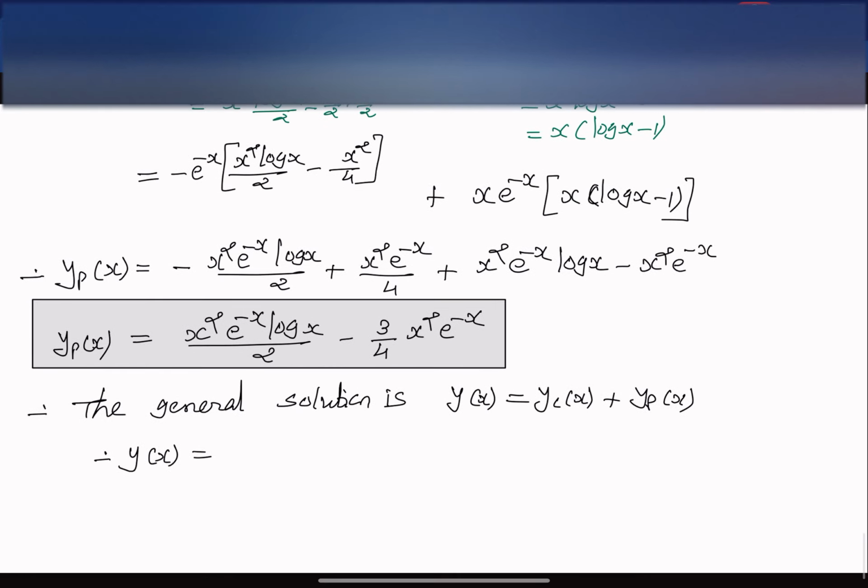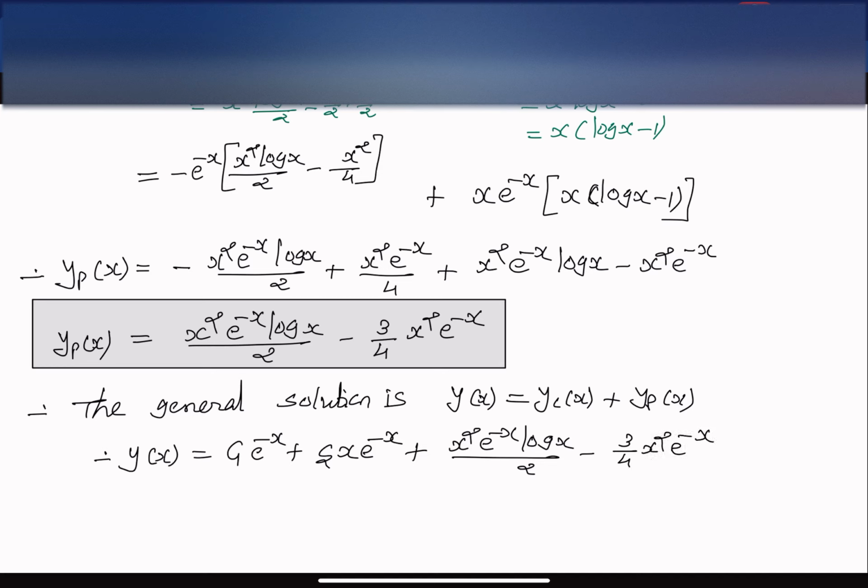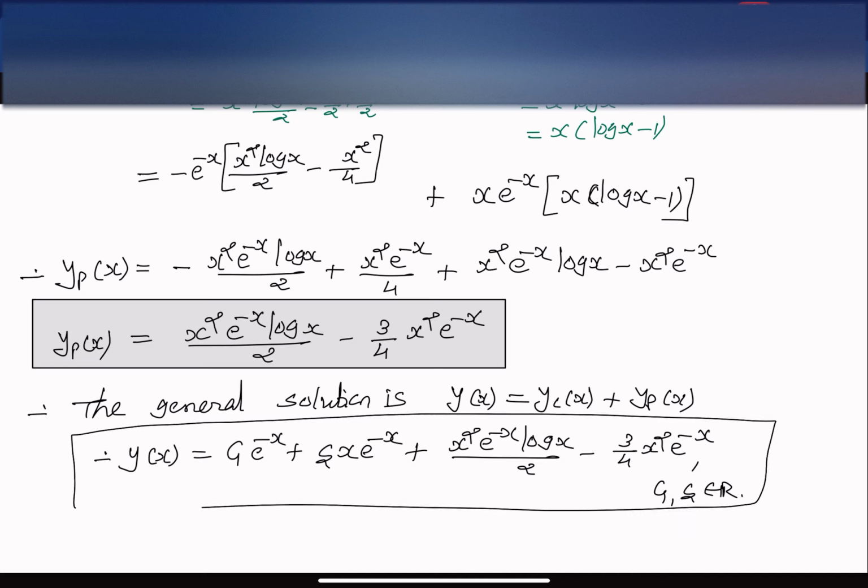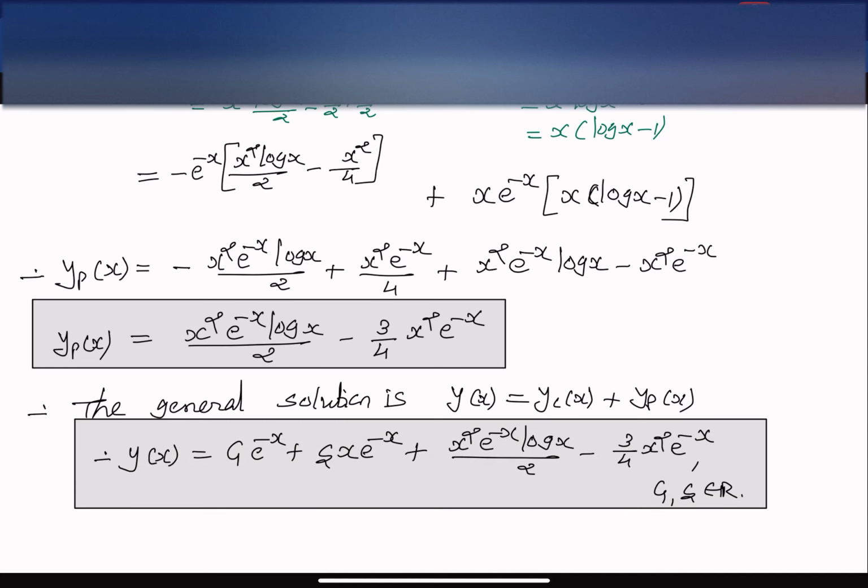So that I write here, c1 e raised to minus x plus c2 x e raised to minus x plus, what is yp(x)? This x square e raised to minus x log x divided by 2 minus 3 upon 4 x square e raised to minus x, where c1, c2 are real. Clear? This is the final answer, and this is how you write this example in the examination.